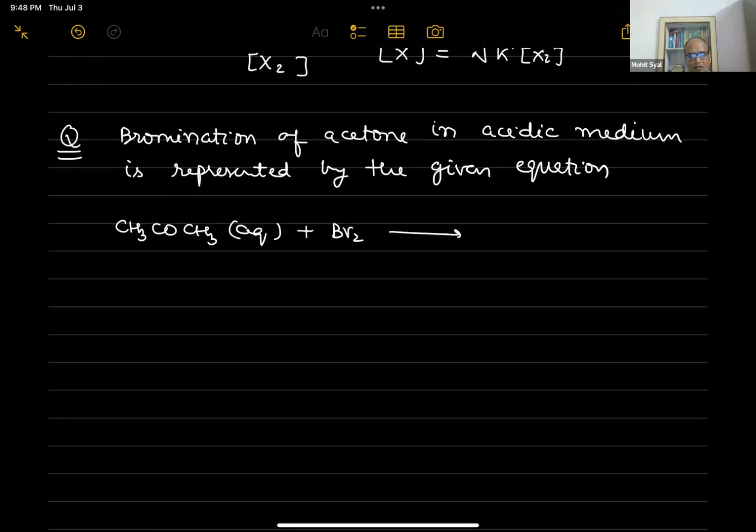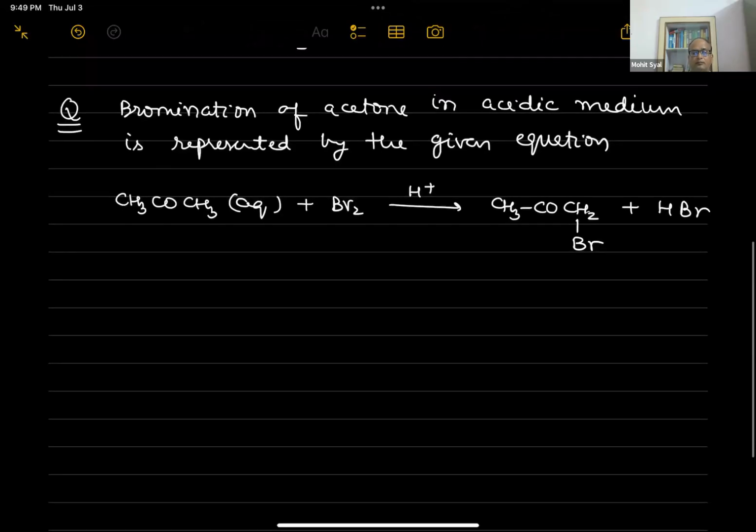But during the bromination, acetone is taken, and H plus is the catalyst. And as this is acetone with one bromine attached, and these are the products. So this is, and initial concentrations are given.